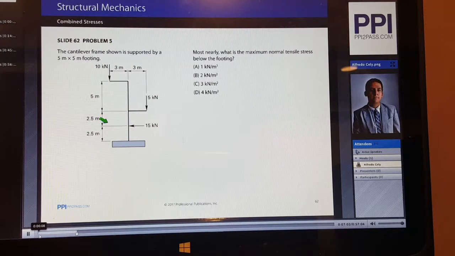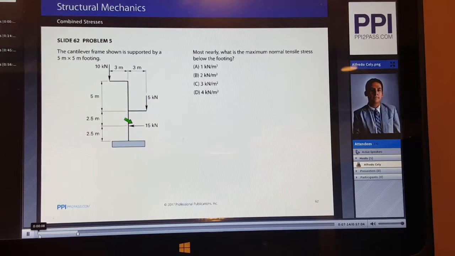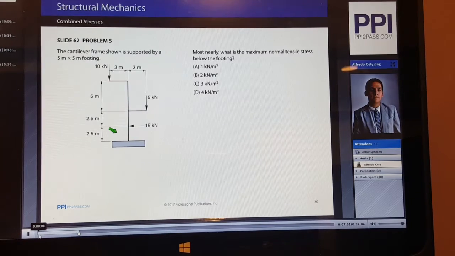So we have 10 kilonewtons times 3 meters, just pointing down, plus 15 kilonewtons times 2.5 meters, just going in this direction. And then we have 5 kilonewtons times 3 meters.